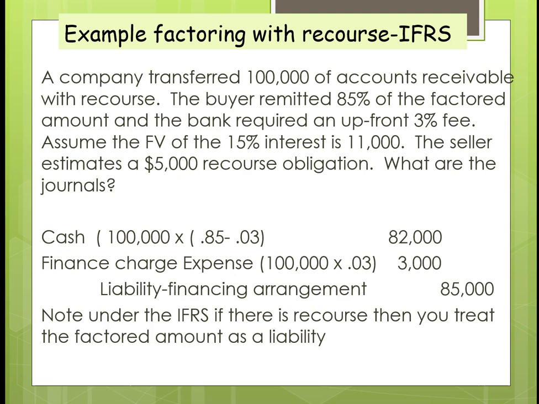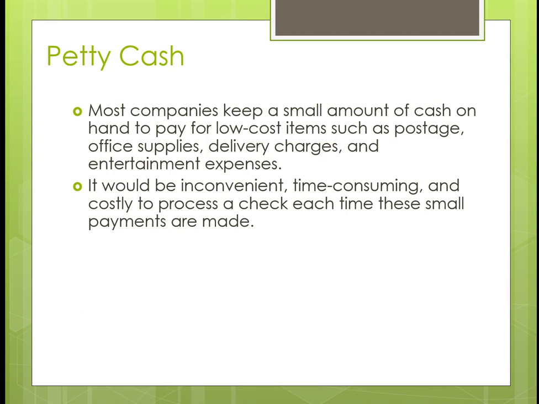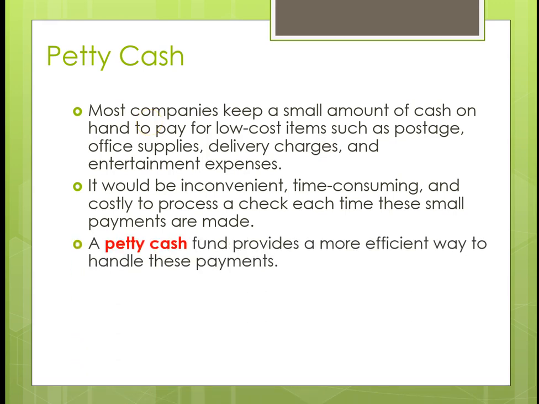Now let's take a look at something that a lot of companies have, and you might get stuck doing, which is called the petty cash fund. And this is what companies do. They'll keep a small amount, and remember, this is not for large dollar items, it's for emergency purchases. It's a small amount, and what happens is we have to reconcile it at the end of each month.